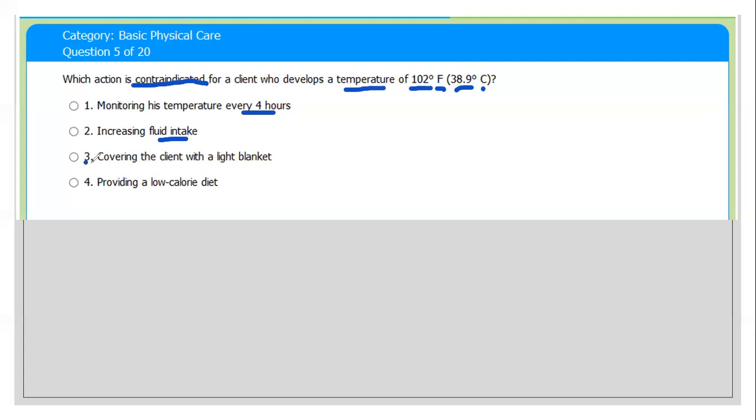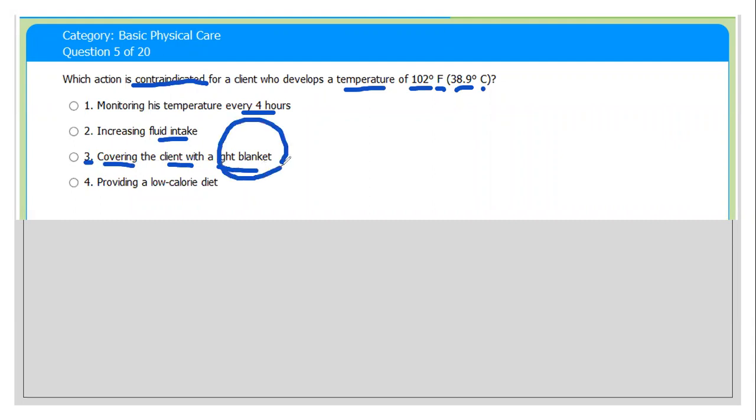Number three, what action is contraindicated? The patient is hyperthermic, body temperature goes up, meaning fever. The body loses heat, and you need to prevent the heat loss, because the body temperature is hot but the patient feels cold, and this is the reason for covering the patient with a light blanket.